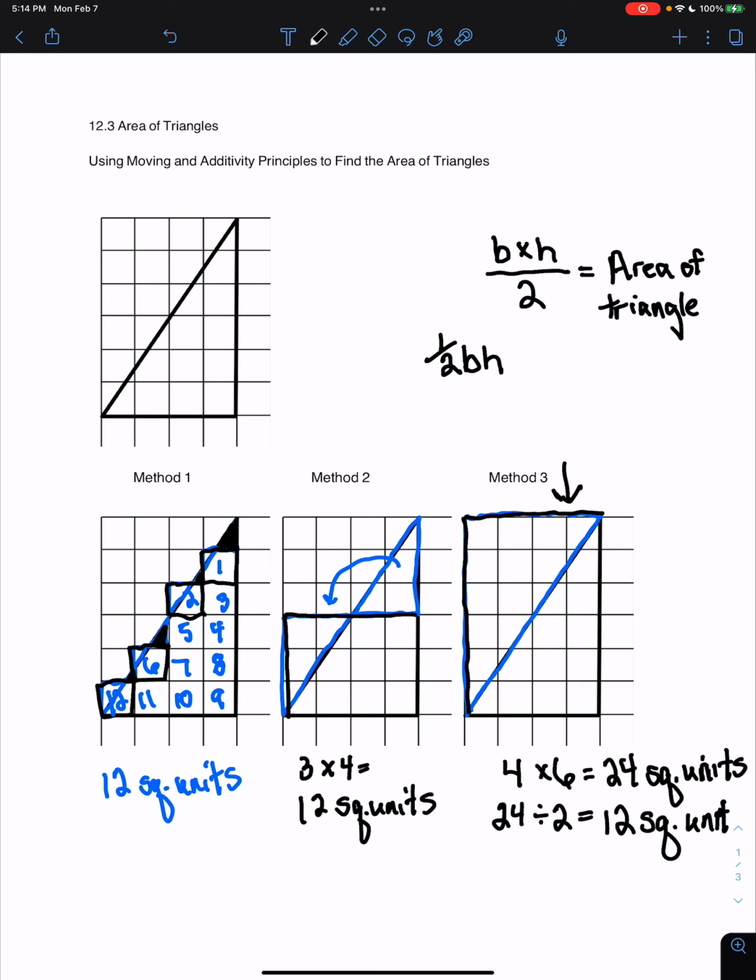So we could also say base times height divided by 2. So just different ways to write that same formula, but hopefully you can now see the reason we use the base times height times 1/2 or divided by 2 formula for the area of a triangle.